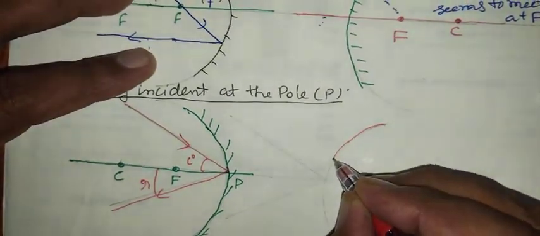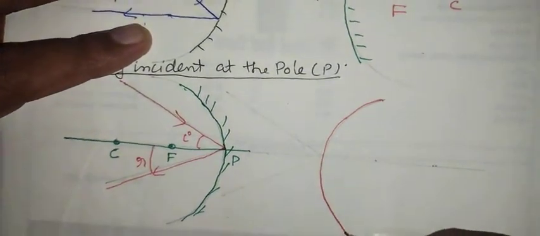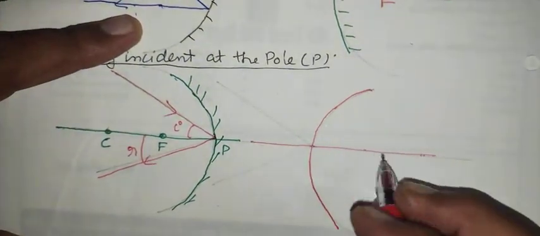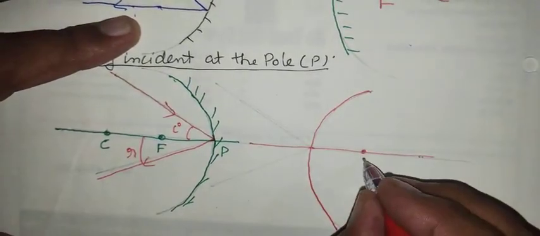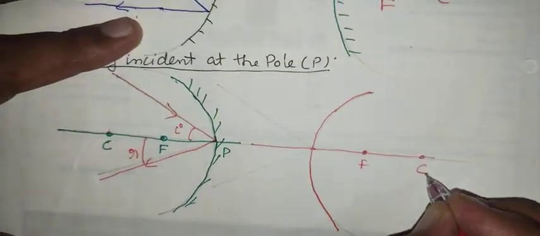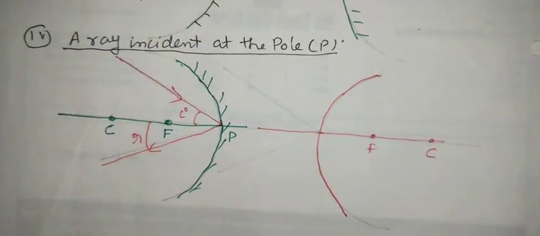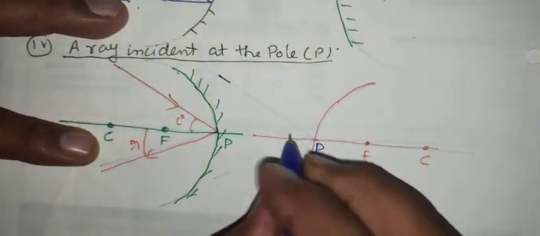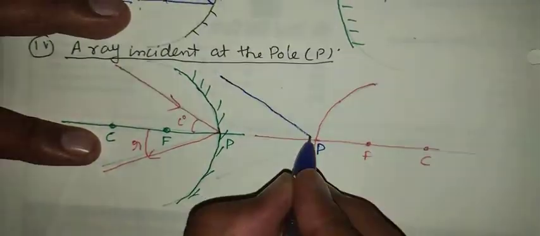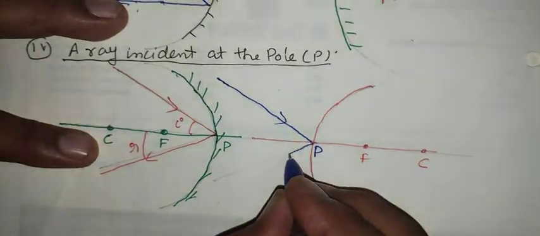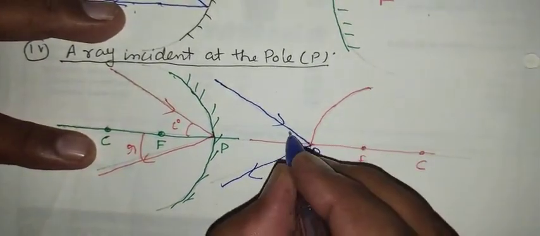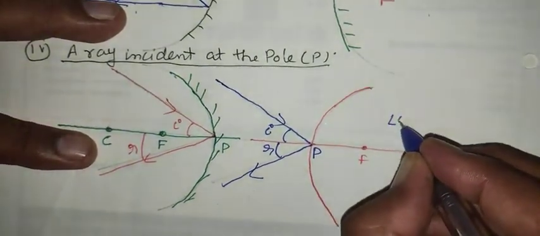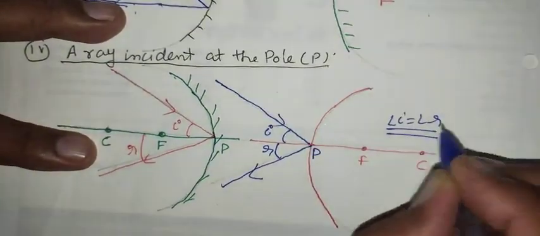See in the convex mirror, the principal axis, the focal point, the center of curvature, and a ray, let this point be the pole, incident at P, is reflected in such a way that angle of incidence I is equal to angle of reflection R.